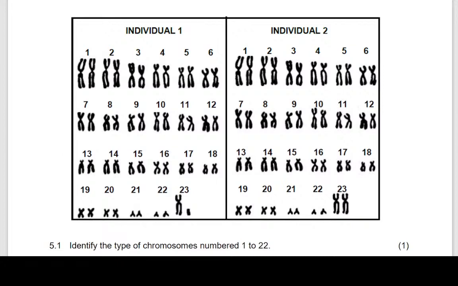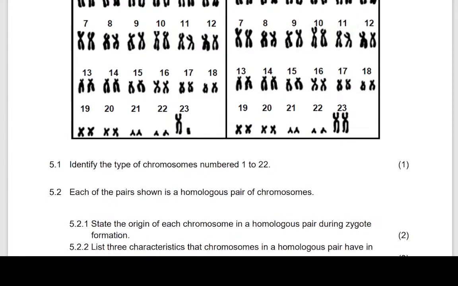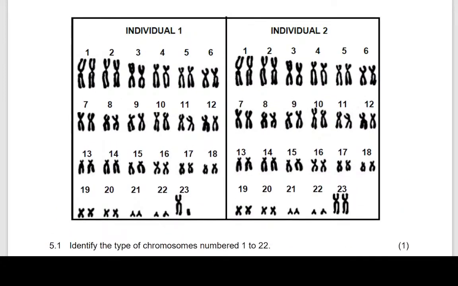I need to see you. Lawrence, where are you? Femelo, where are you? Where's the answer? Which individual is male? Which individual is a female? And then how do you call this diagram?